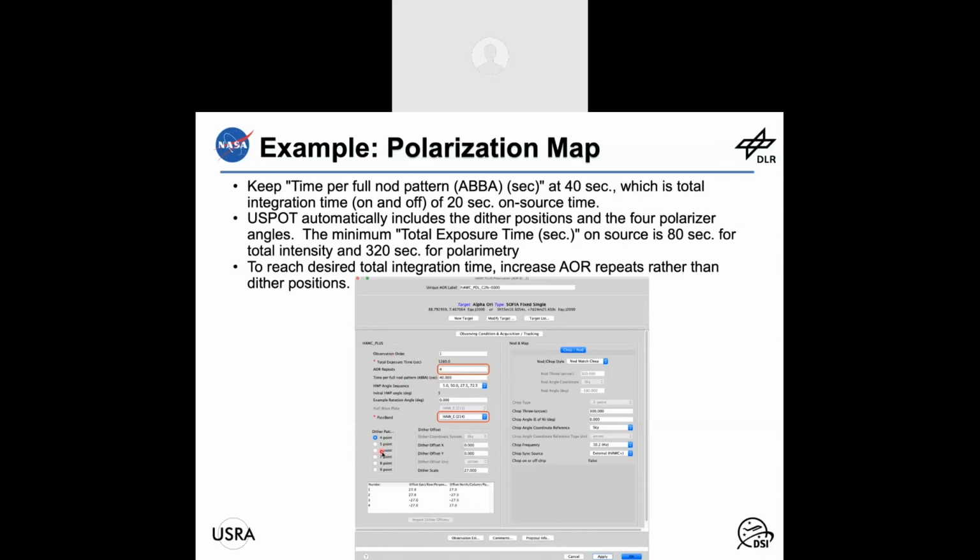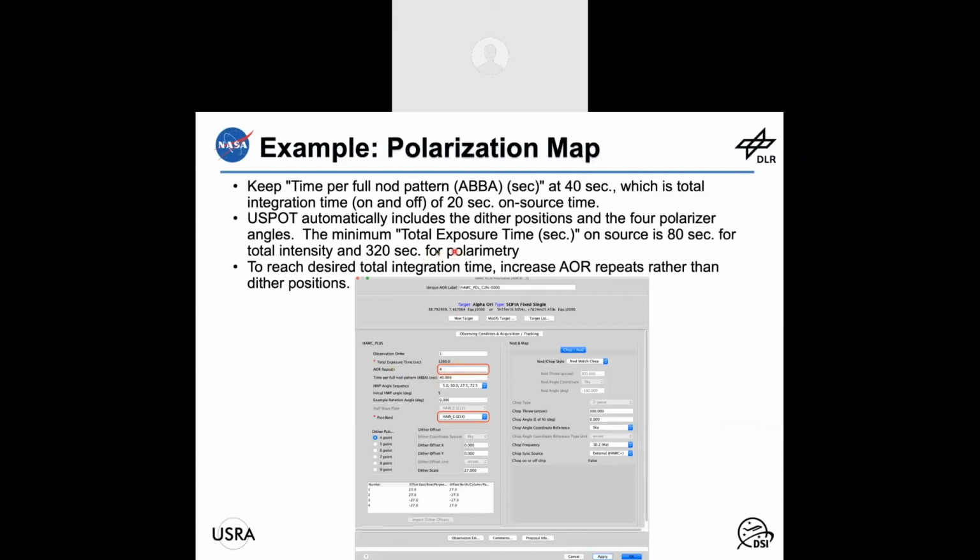USpot is automatically going to include the number of dither positions that you've picked, as well as the 4 different half-wave plate angles. So for one AOR, it'd be a total of 80 seconds of on-source time for a total intensity AOR, or a total of 320 seconds if you're in polarimetry mode. In this example, we wanted a total on-source time of 1100 seconds, so we would need to increase the number of AOR repeats until we get to that number.